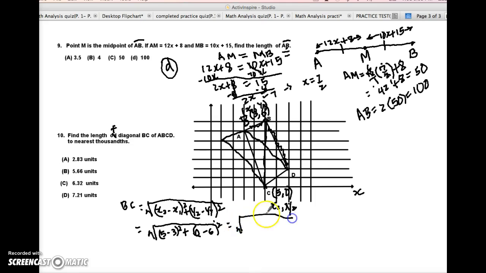Now 5 minus 3 is going to give me 2, squared, plus 0 take away 6. What's that? 0 take away 6 is negative 6. Make sure you keep this in parentheses, all squared.